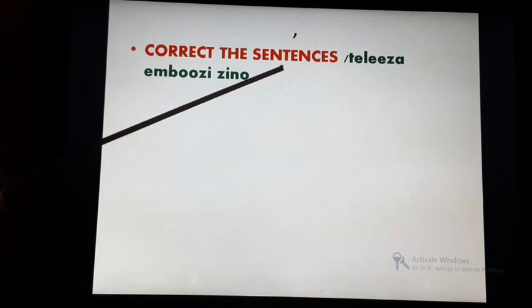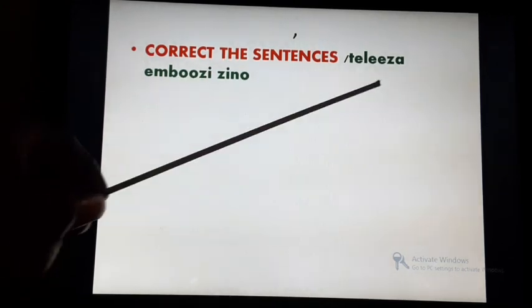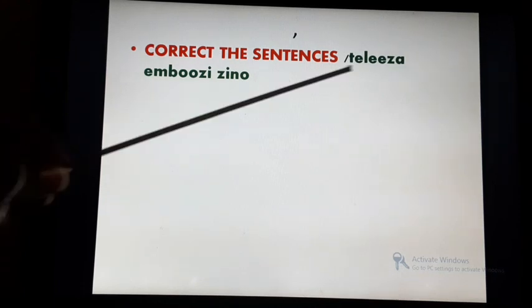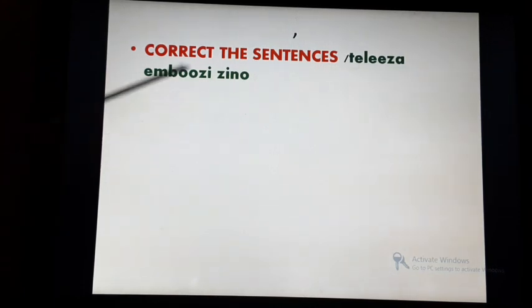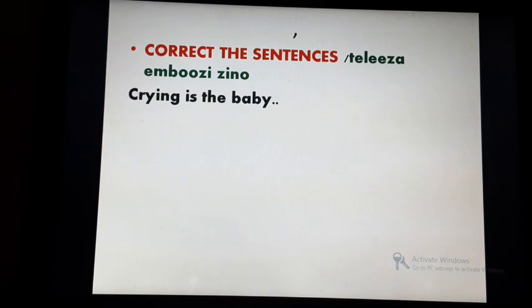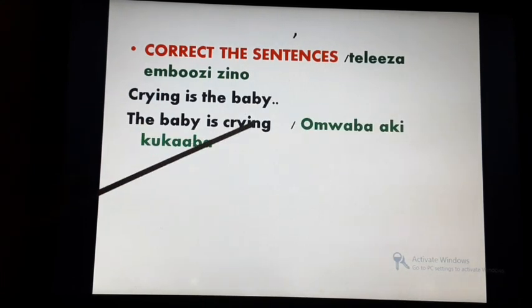Correct the sentences. Tereza emboozi zino. Number 1 is: crying is the baby. Can you write this sentence correctly? Good. The answer is the baby is crying.